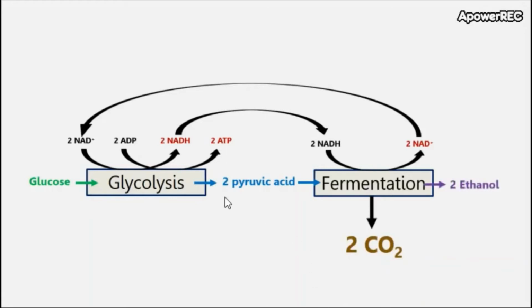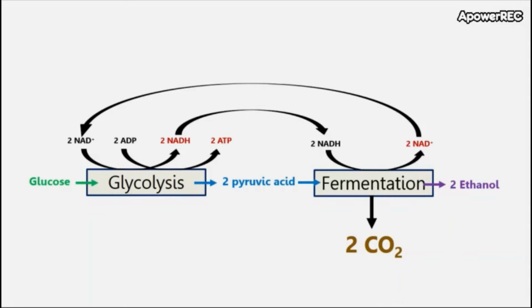Remember, if we follow the carbon trail, we have 1 molecule with 6 carbons. We create 2 molecules of 3 carbons, which is still 6. And ethanol is a 2 carbon molecule, so we have two of them, which is 4. So to get 6, we add back our 2 CO2s, so 2 plus 4 is 6. All of the carbon can be tracked through this process.